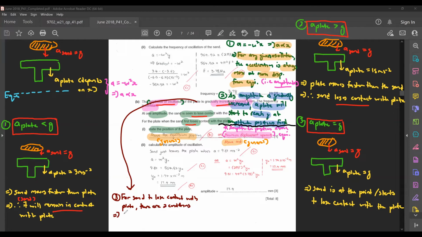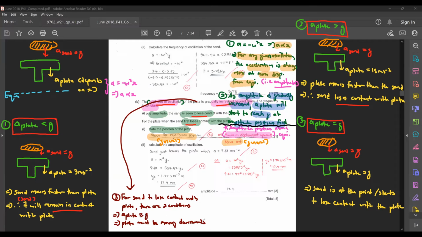The first one is that acceleration of the plate must be more than or equal to g, and then the plate must be moving downwards.